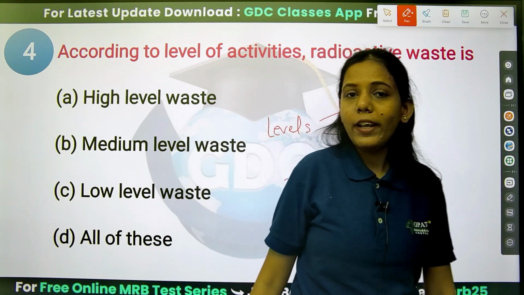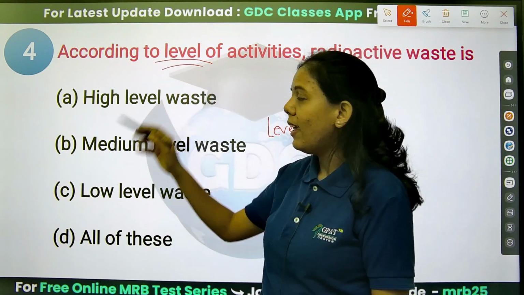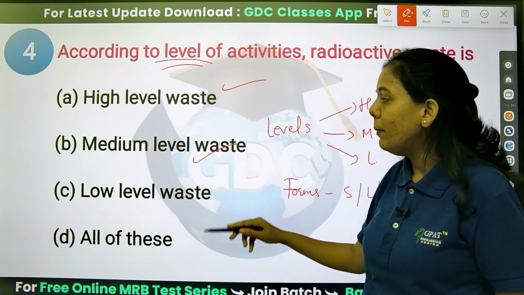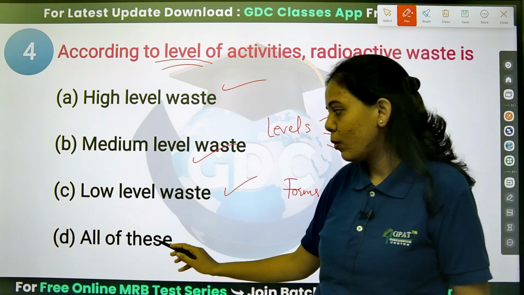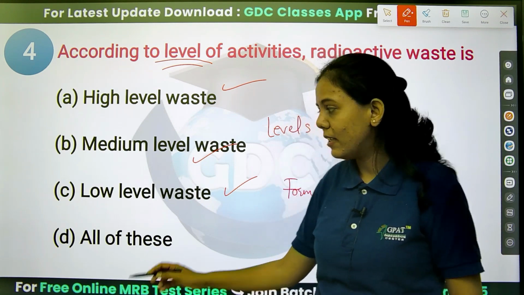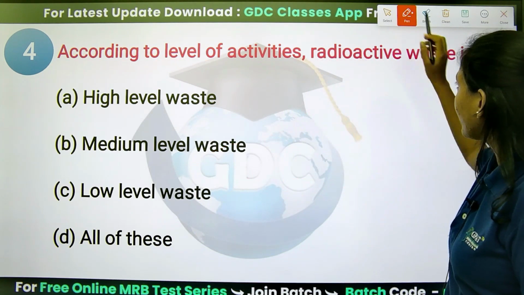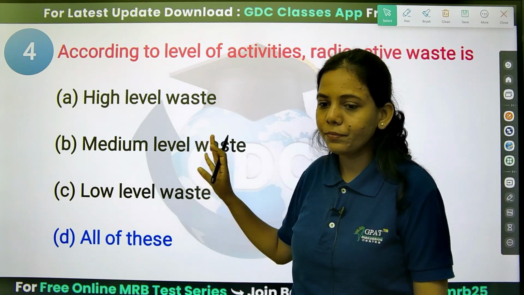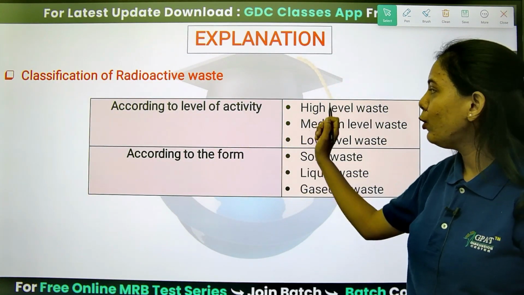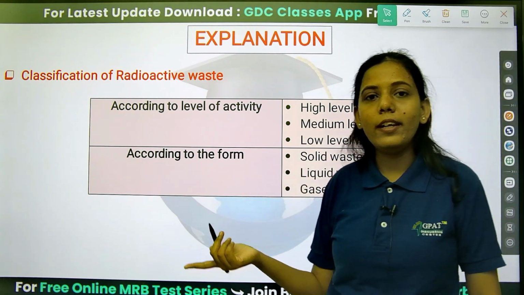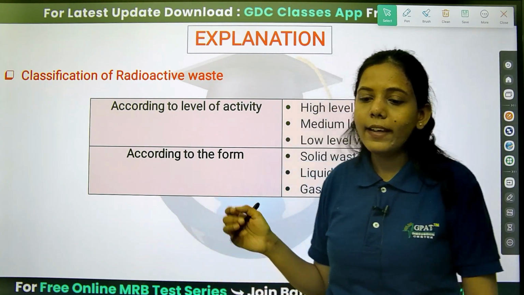Okay. So what they have asked is according to the level. According to the level, it can be high level waste, medium level waste and low level waste. Okay. So all of these options are given, so option D, all of these, is the right answer. So here you can see according to level: high, medium and low. According to the form, it can be solid waste, liquid waste or gaseous waste.